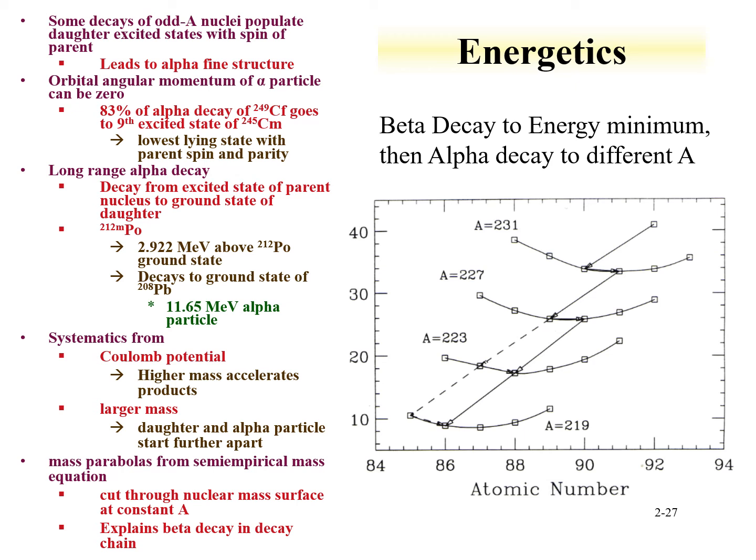One of the things that we can observe through alpha decay is some effects of the mass parabola from semi-empirical mass equations. This example is shown here, where we can get alpha decay occurring accompanied by beta decay. As an example here, we get a decay from a higher state through alpha, and we can observe beta decay because once the isotope is on this mass parabola, it can go to the lowest state.